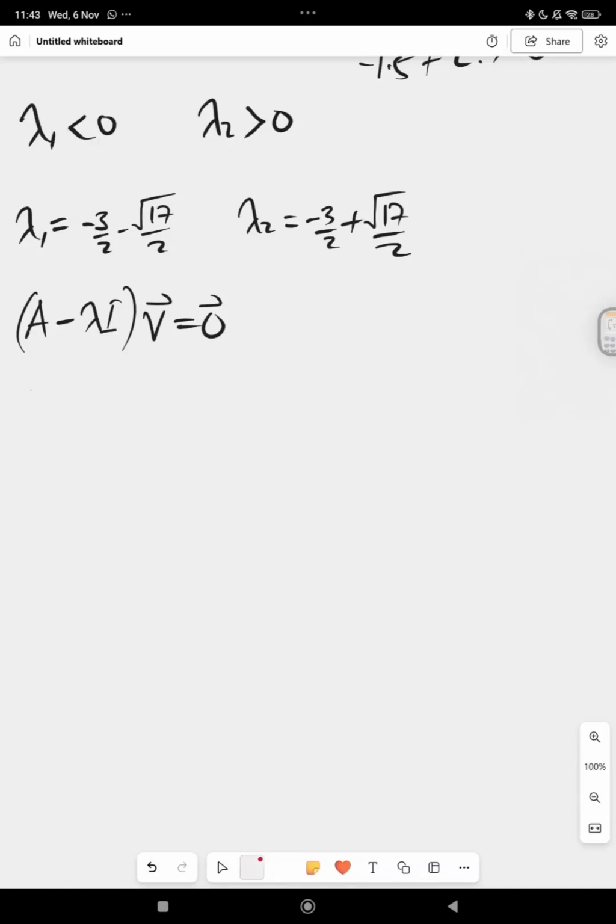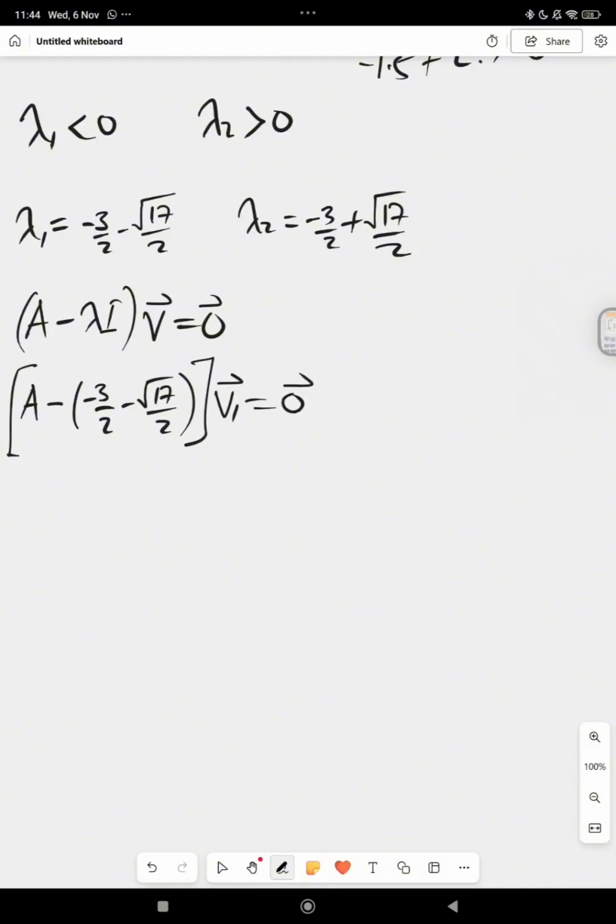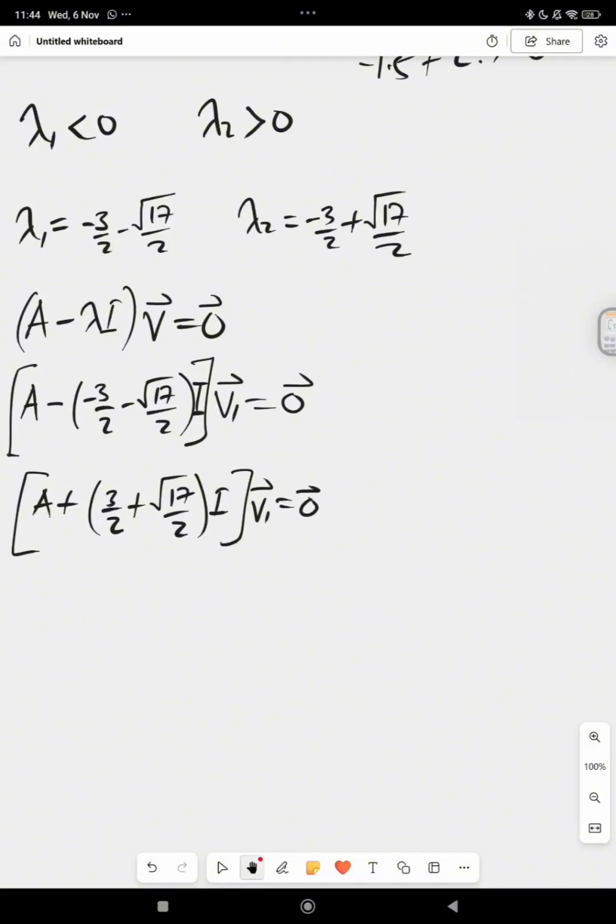So for our first eigenvalue, we'll have A minus 3 over 2 minus the square root of 17 over 2, times I, times V1, is equal to 0. We can factorize the negative inside to have A plus 3 over 2 plus the square root of 17 over 2, times I, multiplied by our V1, is equal to a 0 vector.